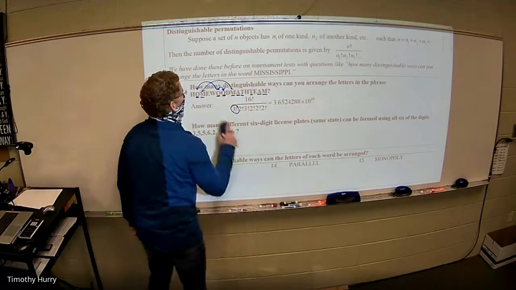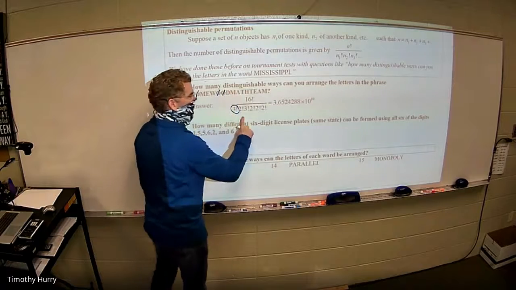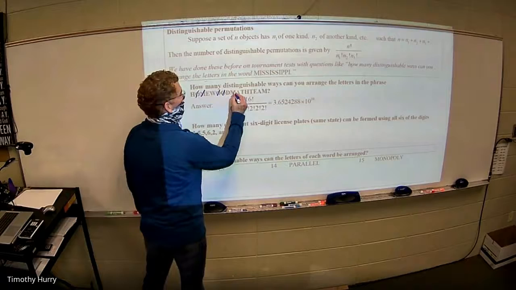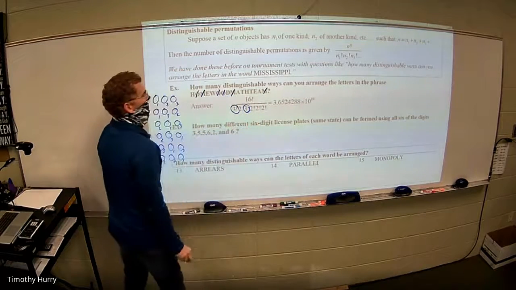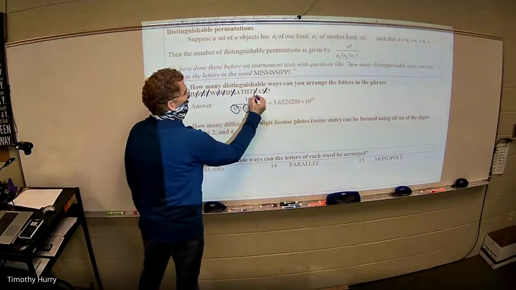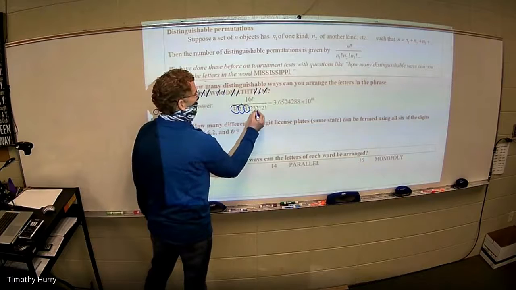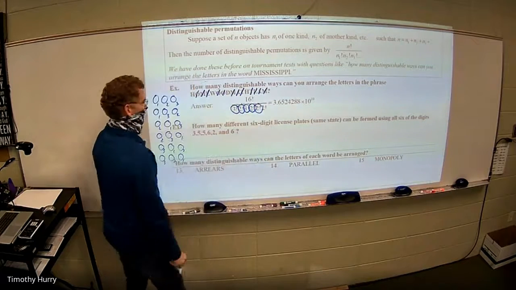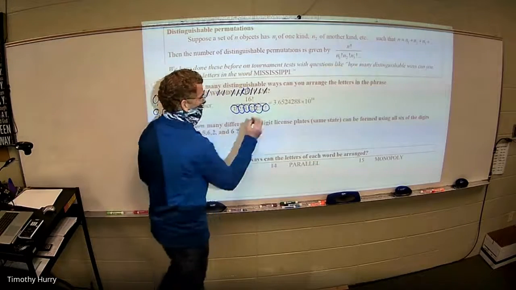So right here, there are 3 zeros. I'm dividing out a 3 factorial to not count those. There are 3 M's. I'm dividing out that. There are 2 E's. I'm dividing that out. There are 2 A's. I'm dividing that out. There are 2 T's. I'm dividing that out. Oh, 2 H's and 2 H's. I'm dividing that out.